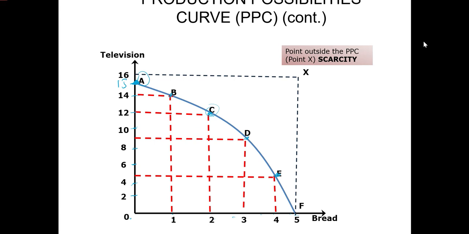Scarcity means limited resources, right? Limited resources to fulfill the unlimited humans want.